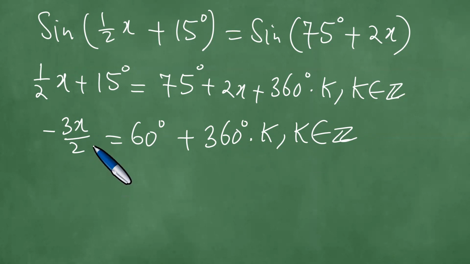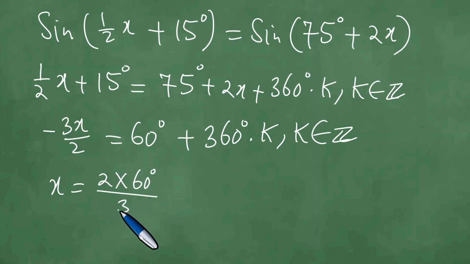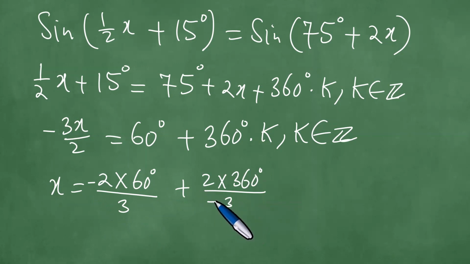Right, so we continue and say x is the same as minus 2 times 60 divided by 3, plus minus 2 times 360 divided by 3 times k, in the integers.